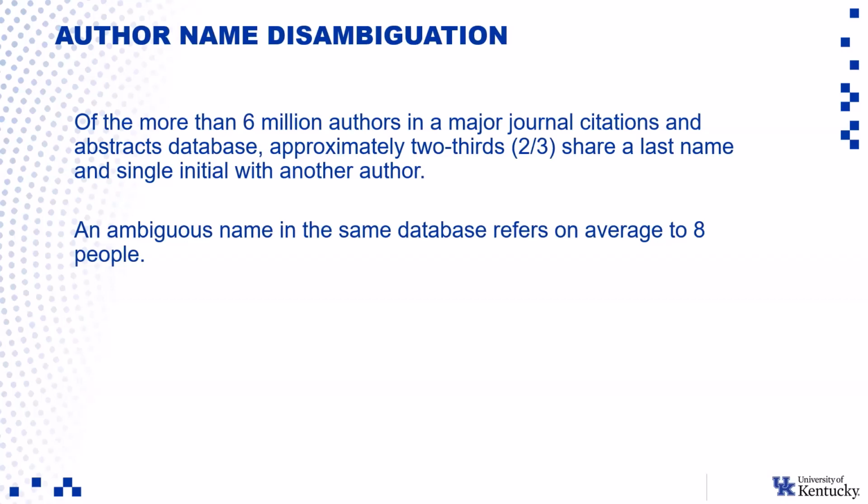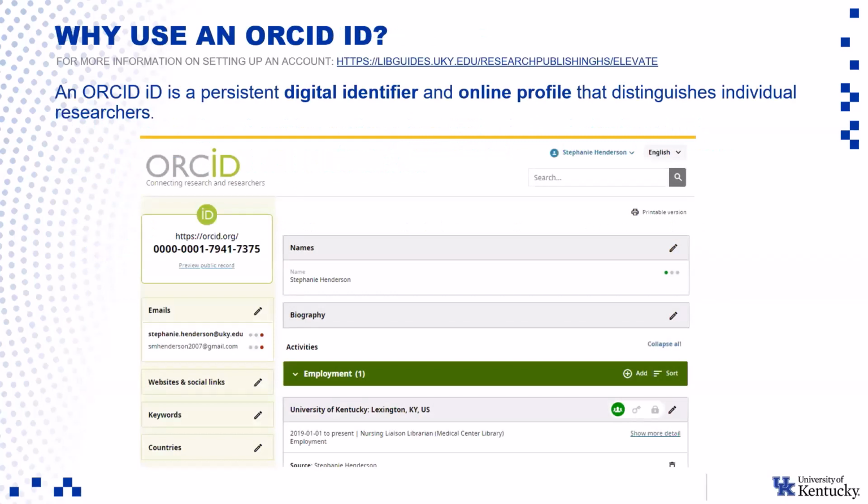So you want to make sure that you disambiguate your name by using something like an ORCID ID. If you don't have an ORCID ID, I would highly suggest that you get one. It's a persistent digital identifier, and it has an online profile that you can sign up for.